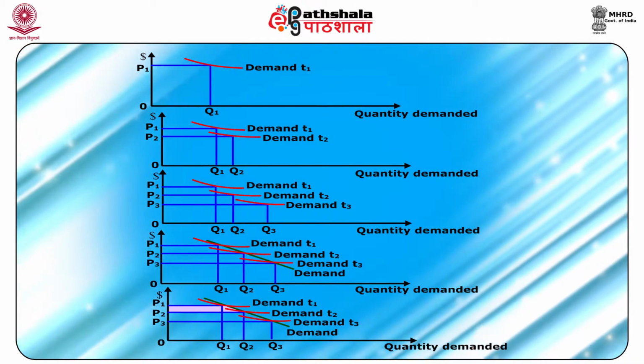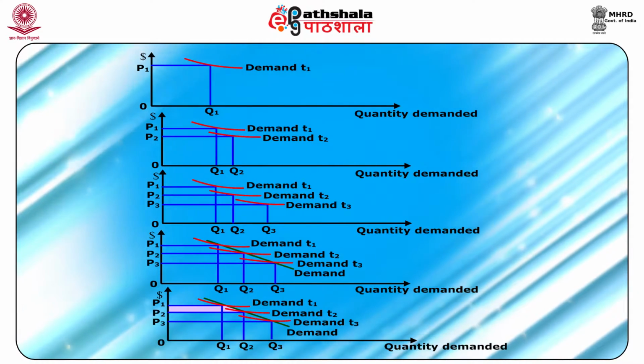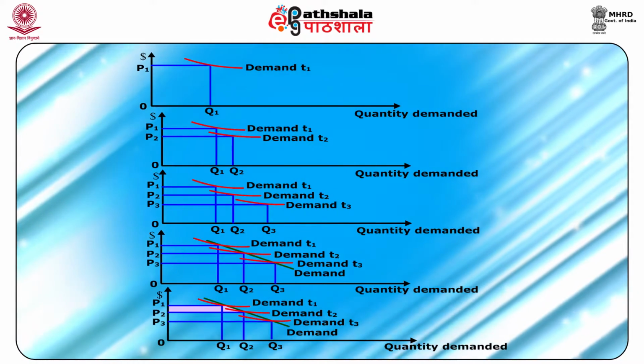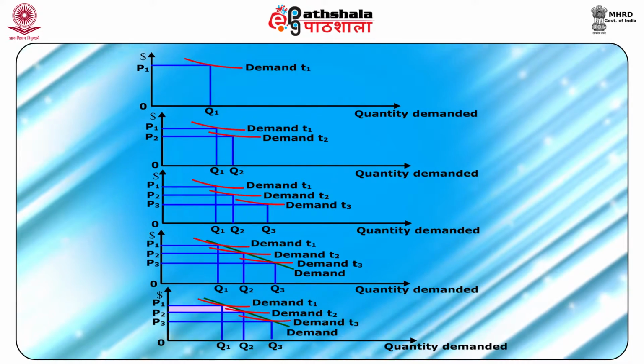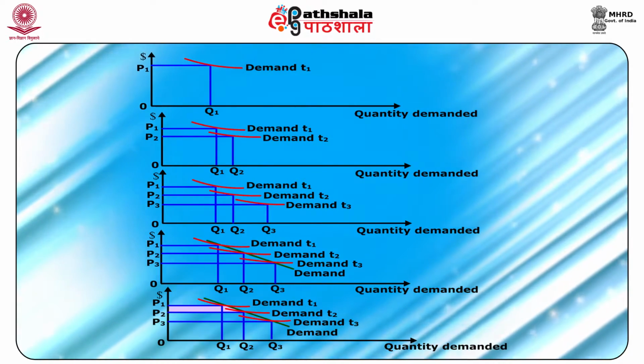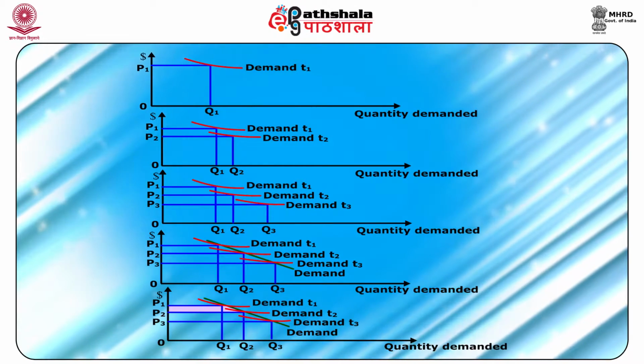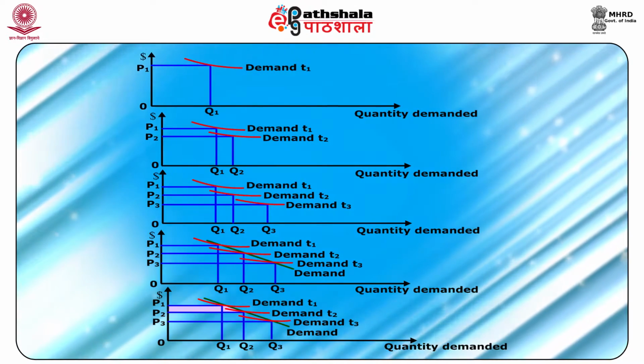Therefore the actual prices which would prevail in the market would be P1, P2 and P3, and correspondingly the quantity demanded would be Q1, Q2 and Q3.